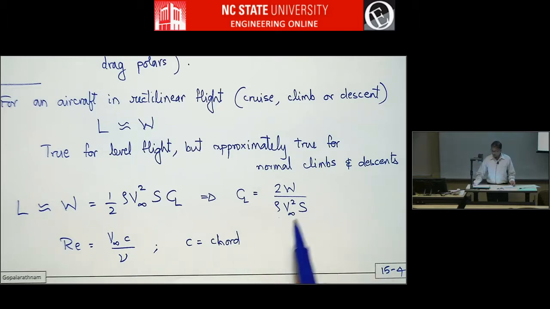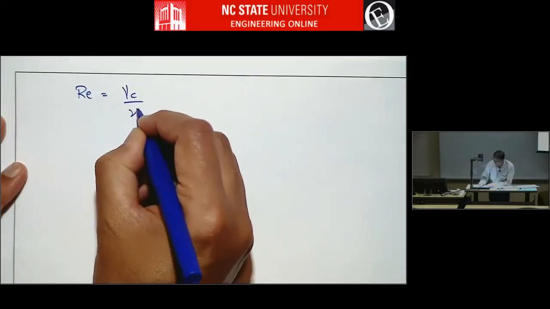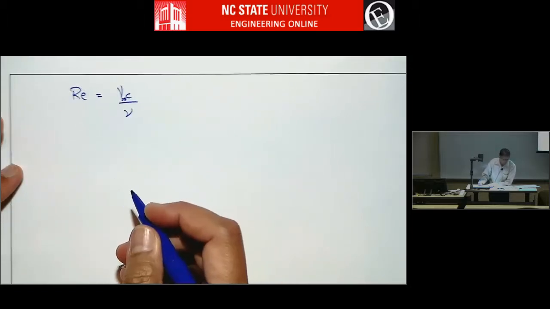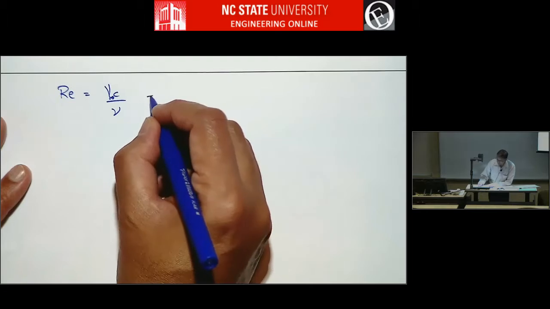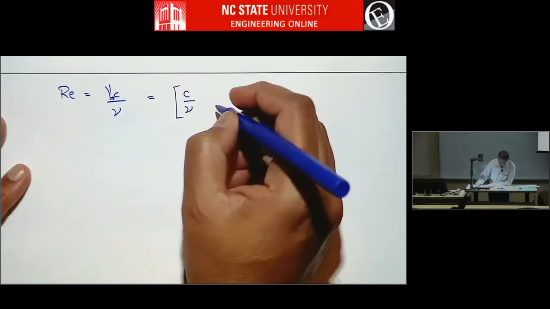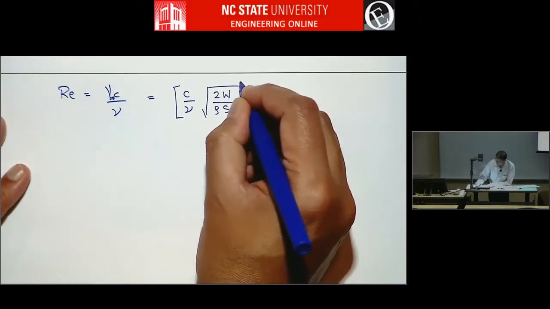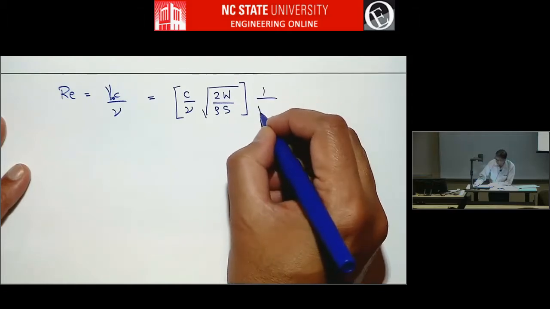So we can now connect these two equations, and we will get, I'm going to skip some steps, you can fill it in, Reynolds number is V infinity C over nu, and substituting for V infinity using lift coefficient, you will get C over nu times square root of 2W over rho S times 1 over square root of CL.